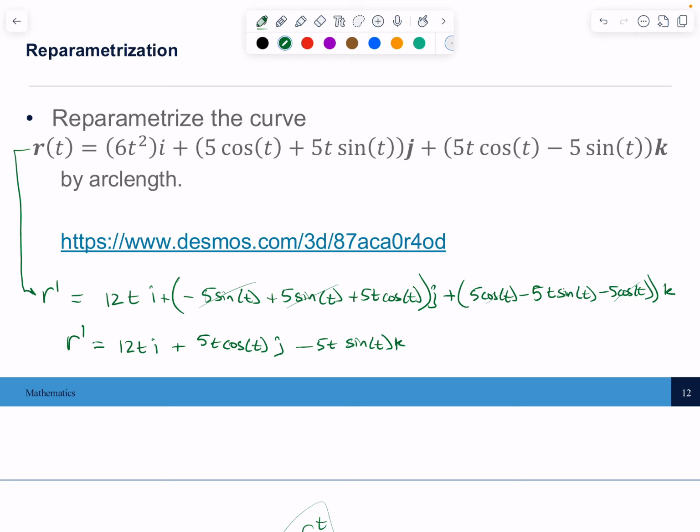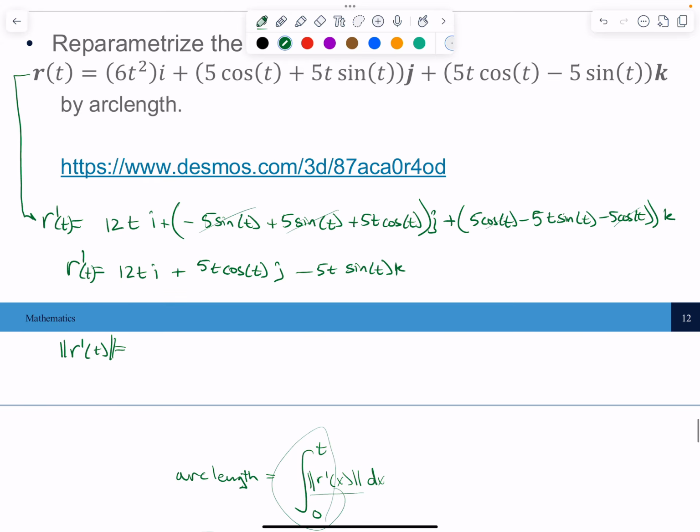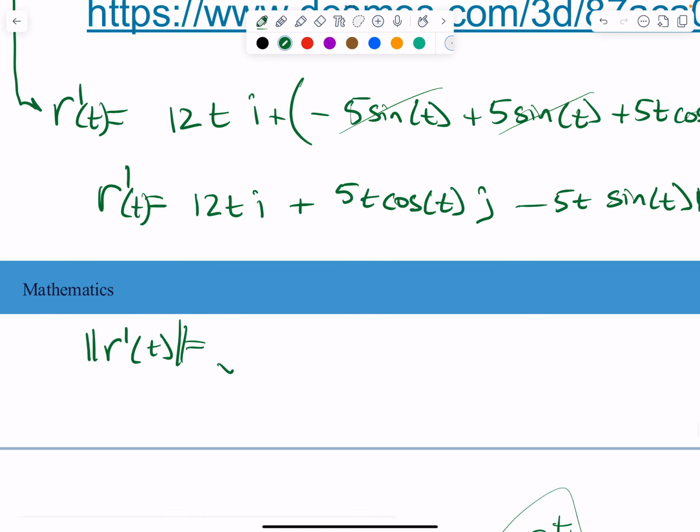Next, we're going to do the magnitude. And that's going to give me the square root. That's hard to see. I'll keep it under the blue.